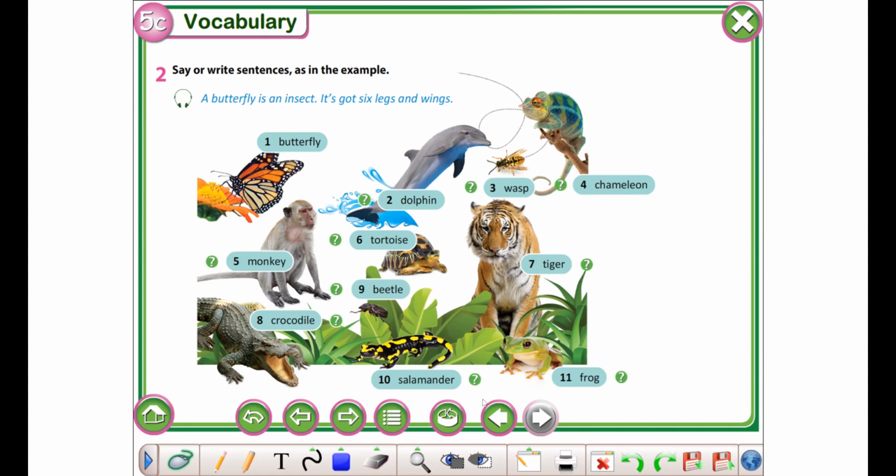Is it an insect? Is it an amphibian or is it a mammal? A tiger. It has got puppies, so it breastfeeds the young tigers. So it's going to be a mammal. A mammal, yes.